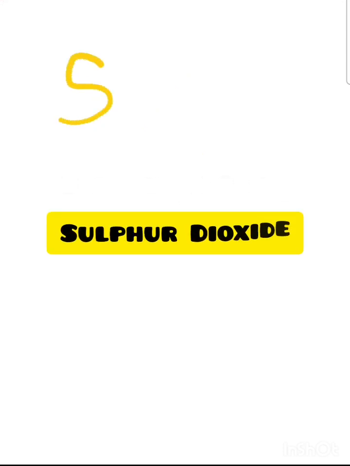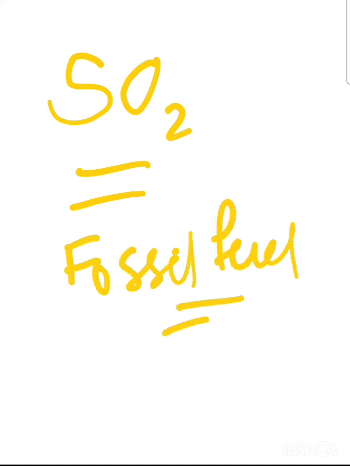The third category of air pollutants is sulfur dioxide. The major source of sulfur dioxide pollution is fossil fuel. They contain about 1 to 4% of sulfur and add million tons of sulfur dioxide into the atmosphere every year.